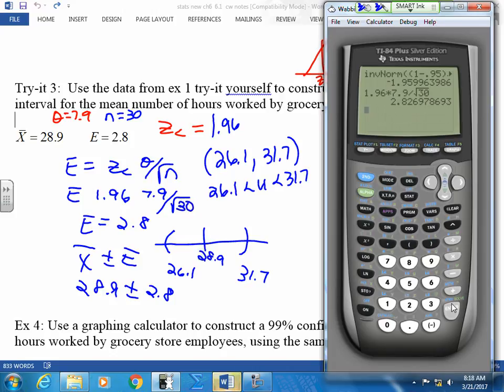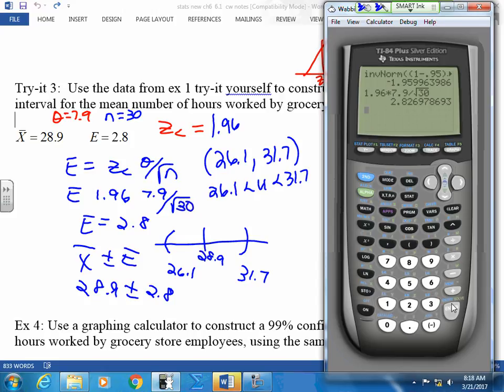You're saying that I can be 95% confident that the population mean of the hours worked for these grocery store people from this county will be between 26.1 and 31.7. Don't I have a better chance of getting that number than saying 28.9 on the dot?